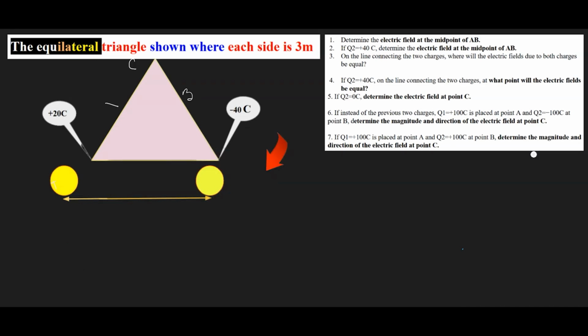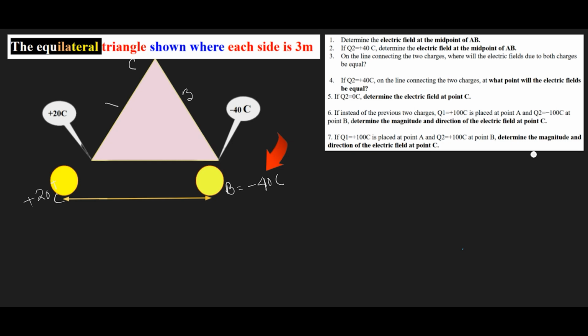Problem number 3. On the connecting line of two charges, where will the electric fields due to both charges be equal? It means at some point, obviously the very first A point charge is 20 Coulomb, and obviously at B point minus 40 Coulomb.